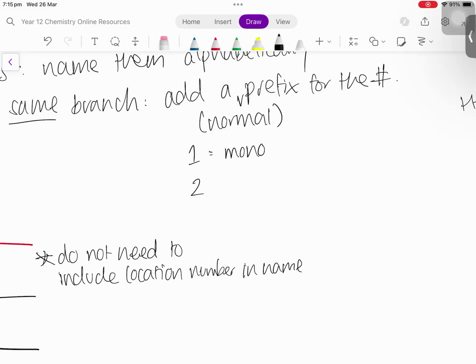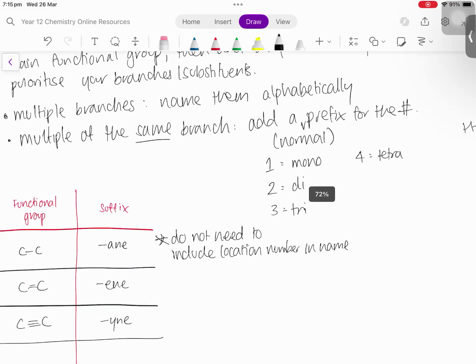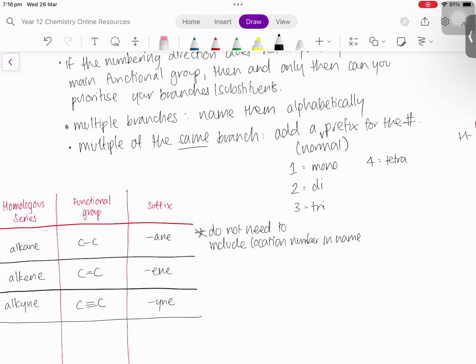What do you use for two? Di. What do you use for three? Tri. What do you use for four? No, hept is seven. Four is tetra. Good. Okay, so if you're counting anything else besides your number of carbons, it's going to be the prefixing we normally use when you're naming ionic and covalent compounds.